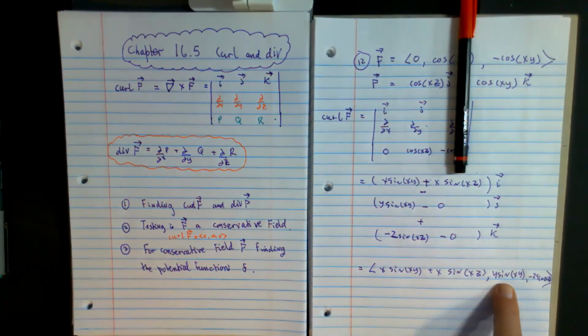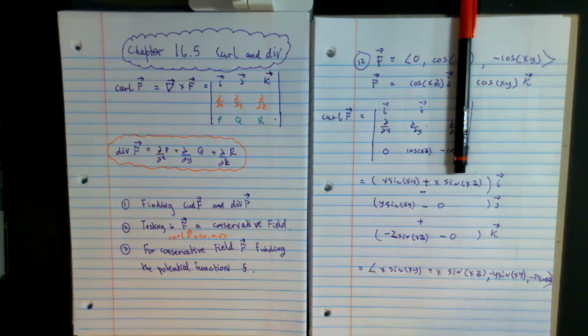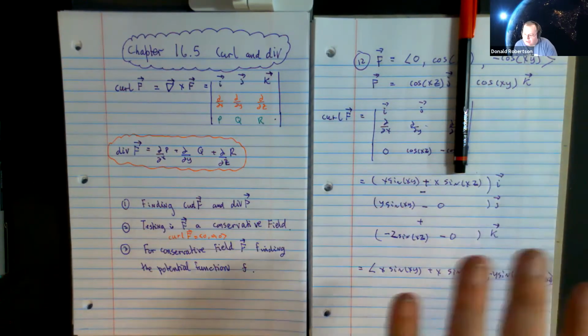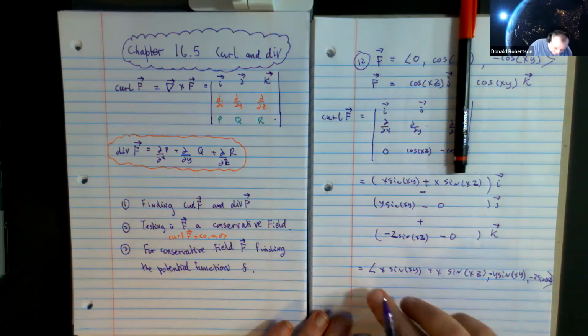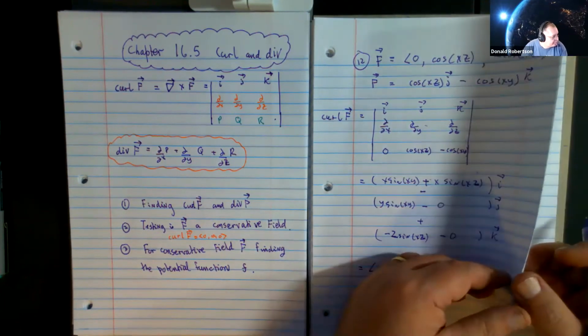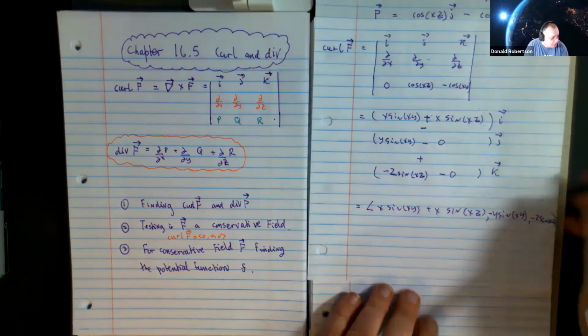Should be negative. Yeah, because of this thing. It's the first guy, take away the second guy, add the third guy in terms of i, j, k. Right, that horrible mess is the answer, I hope. Yeah, looks like the answer.